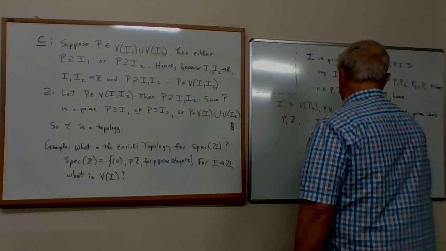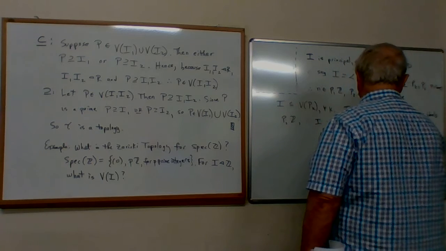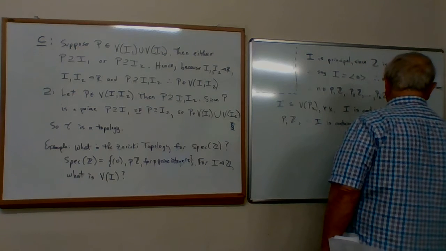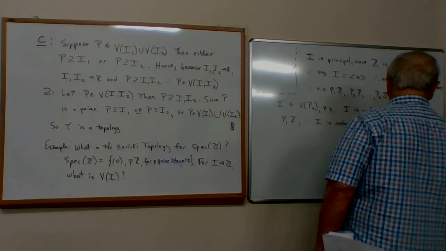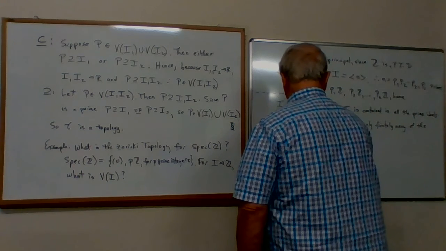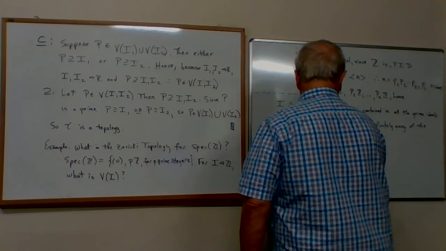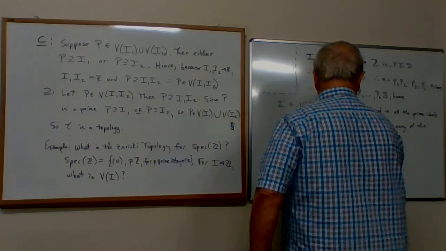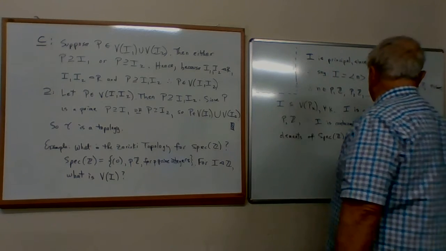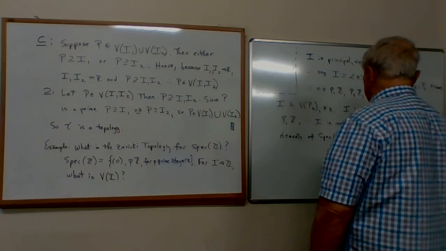Therefore, I is contained in only finitely many of the elements of Spec R, Spec Z in this case. Only these elements contain I. So only finitely many of our infinite number of prime ideals in Z.